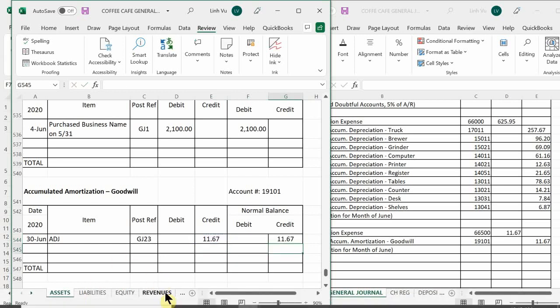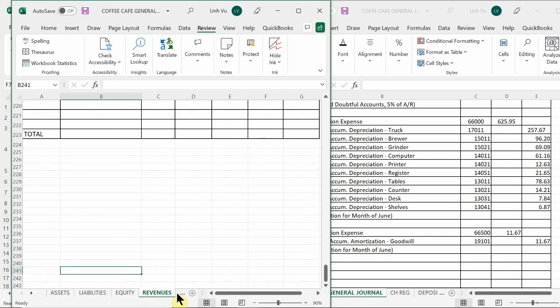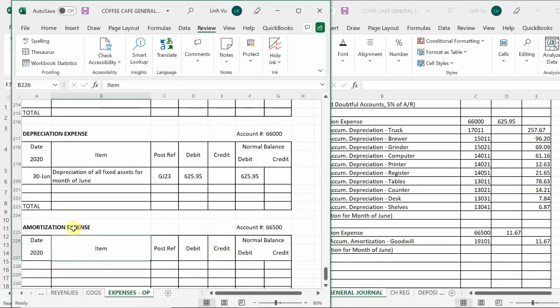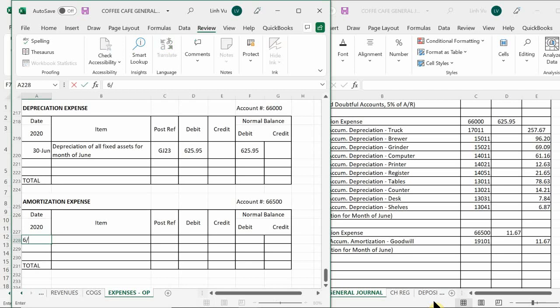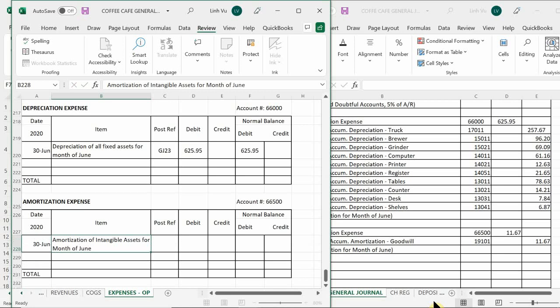And then of course, last but not least, go to amortization expense, which is right under depreciation. Amortization of intangible assets for June. To be $11.67. Okay.